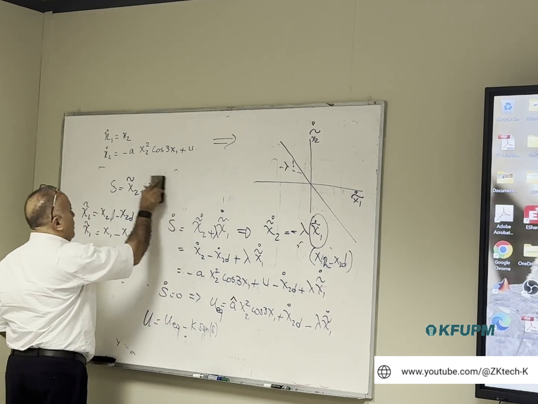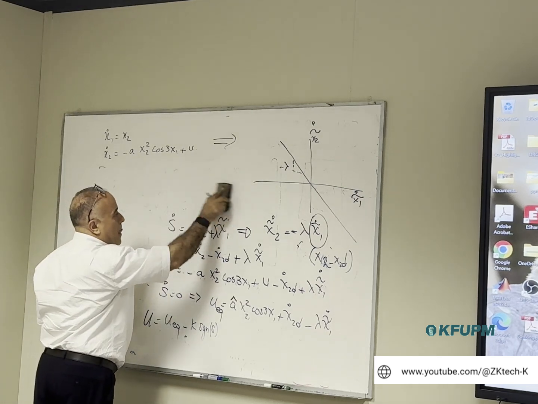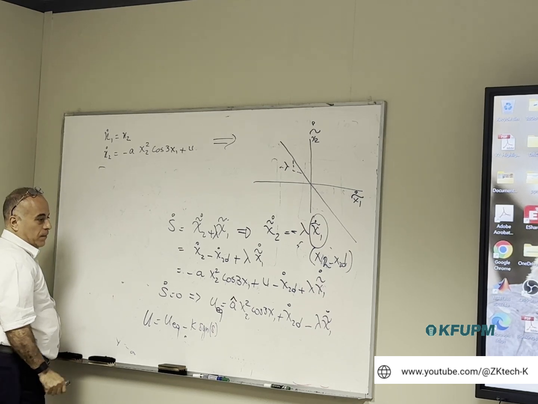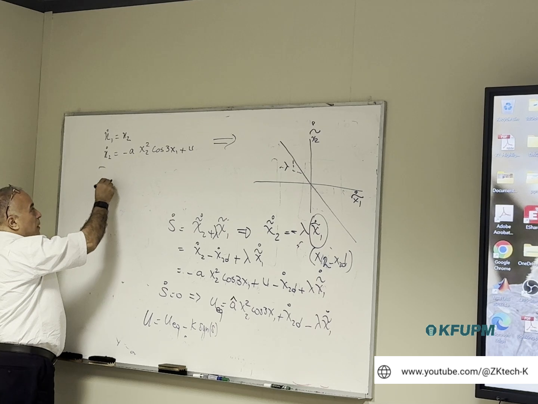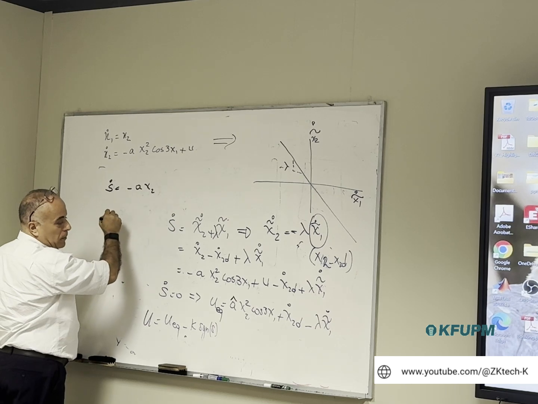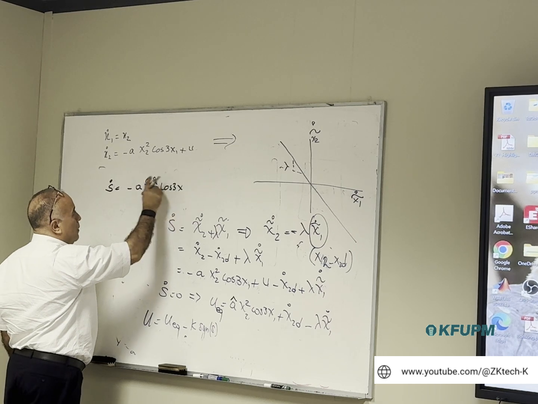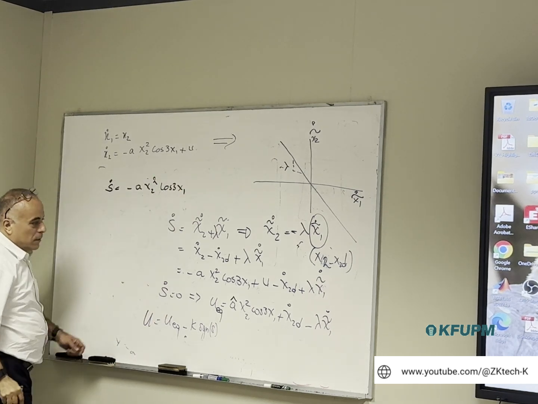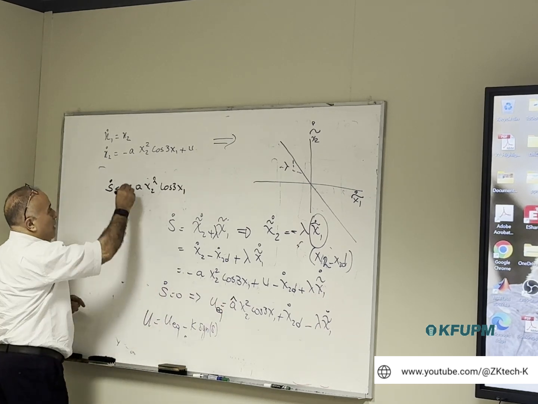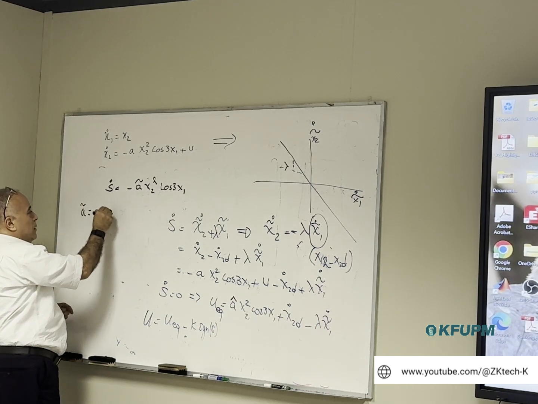So we are going to write S prime is equal to minus A x2 squared cosine of 3x1, plus this term, so it will be minus A tilde, where A tilde is equal to A minus A hat.